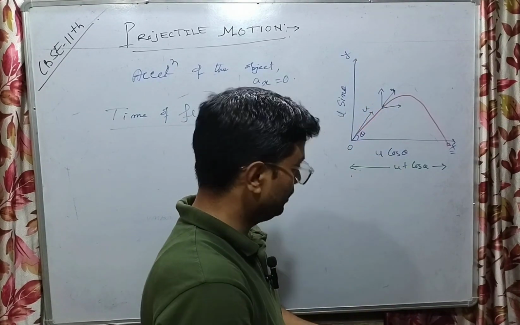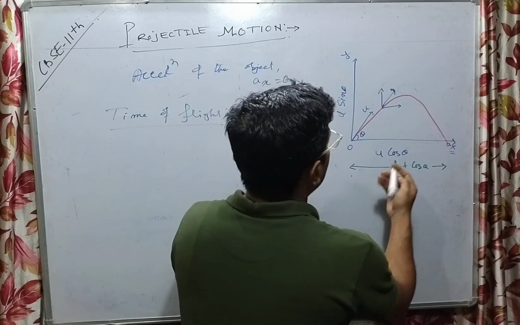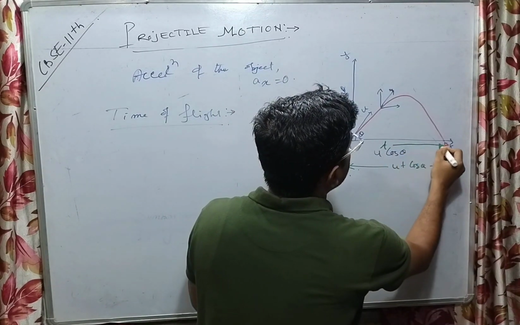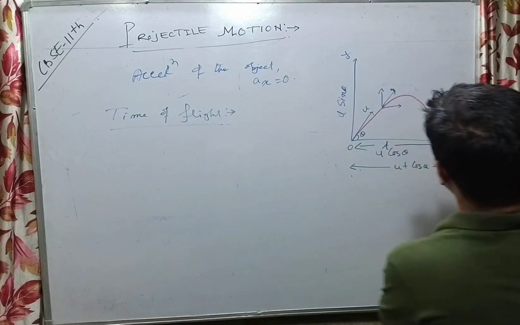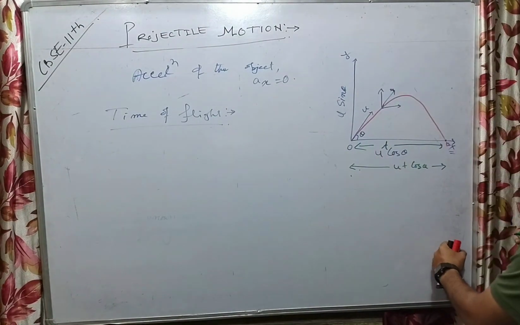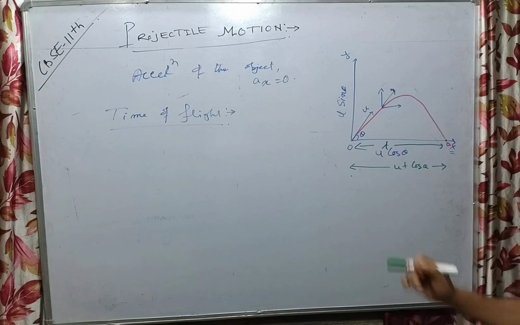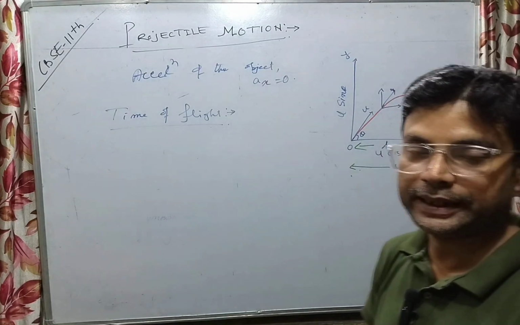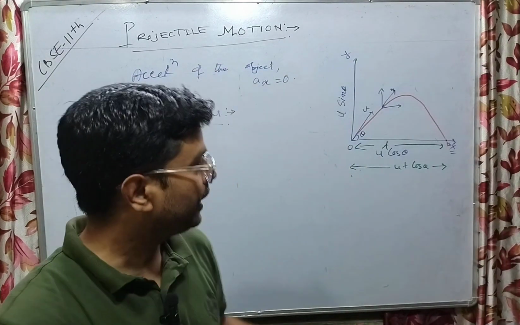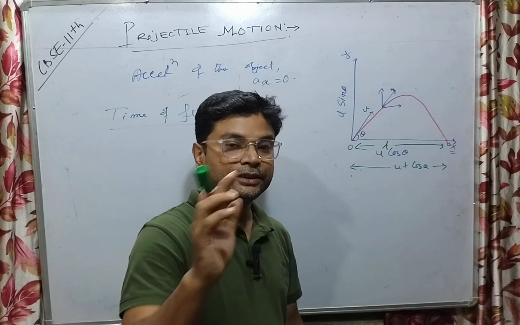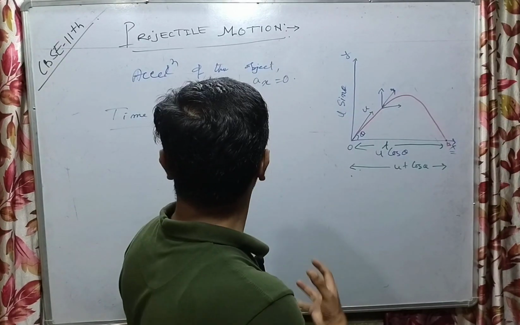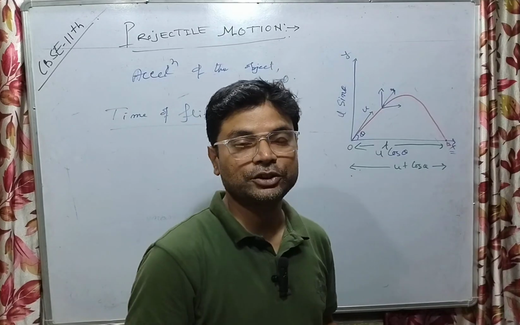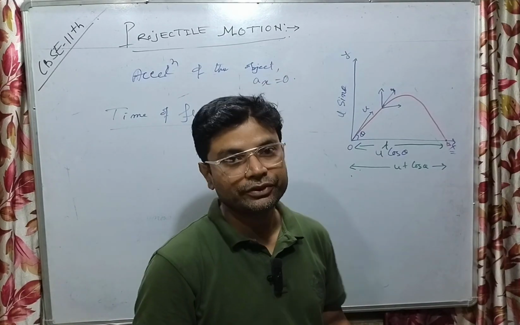After time t the object reaches point B, and at point B the y coordinate of the object is 0. I will use that concept to find the expression for the time of flight.